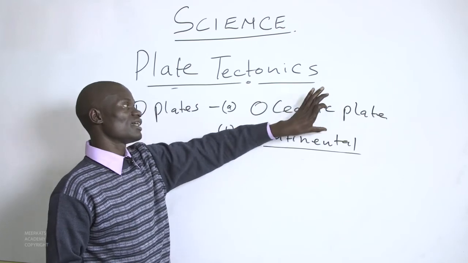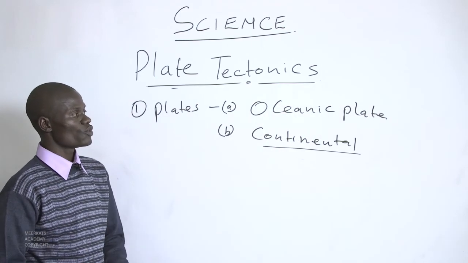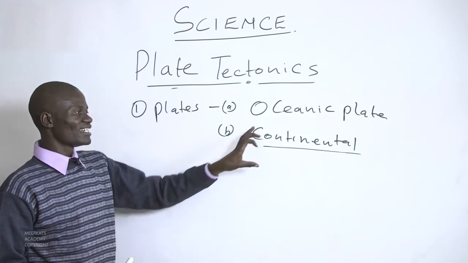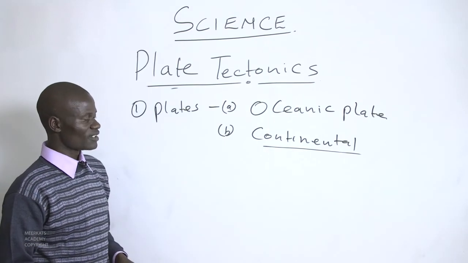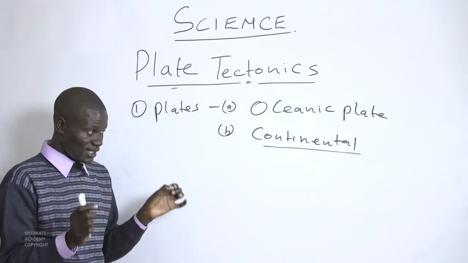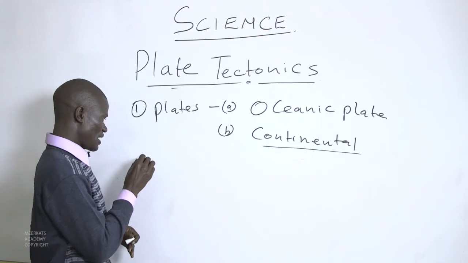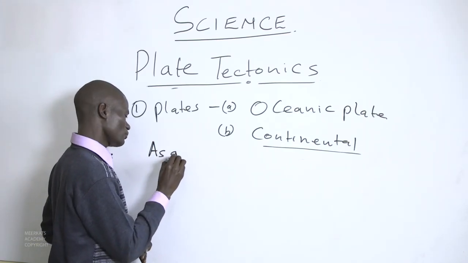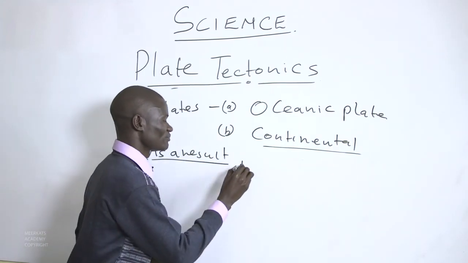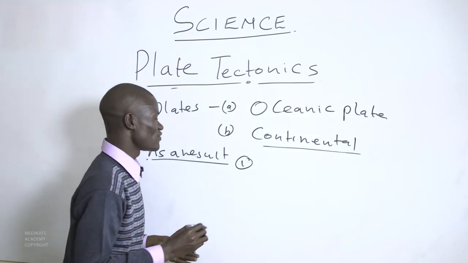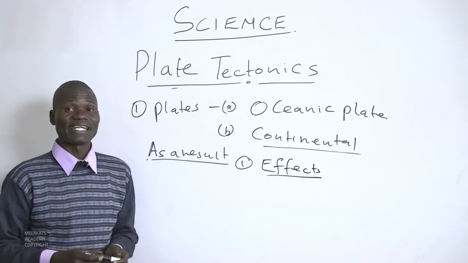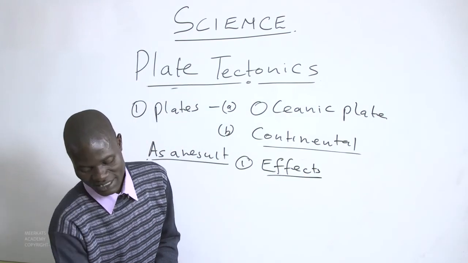The oceanic plate is a plate that is composed of large water body mass, as I stated earlier, but the continental plate is the one that we are discussing. After it being split into 7 large continents, what is happening? There is some movement associated to it, and as a result of those movements, we are going to see the effects that will be happening around this plate tectonics.